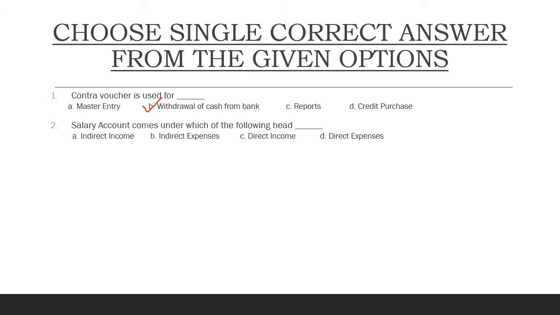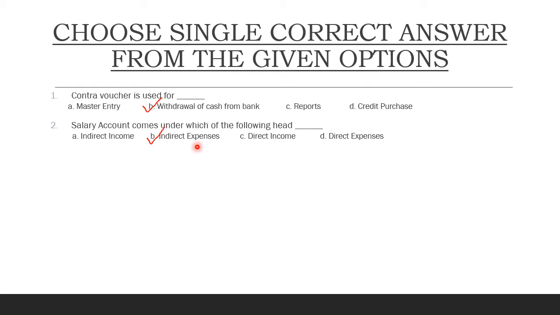So this is the correct answer. And if wages is written, then अगर salary account के बदले wages लिखा रहेगा तो कौन सा आएगा? Direct expenses. Okay, wages you are getting on the daily basis, so wages direct मिलता है and salary हमको monthly मिलता है, so it is indirect expenses.